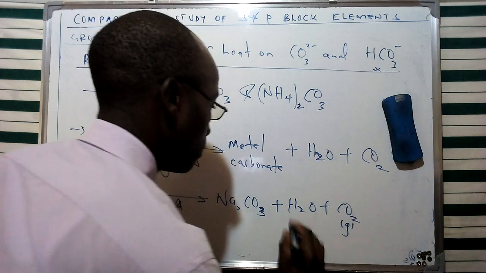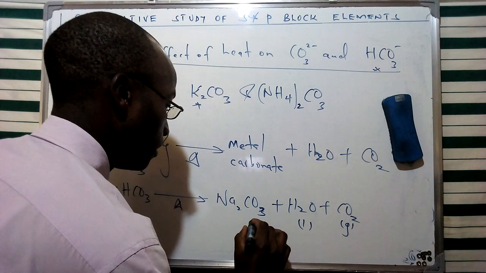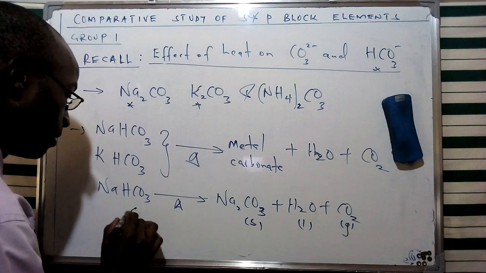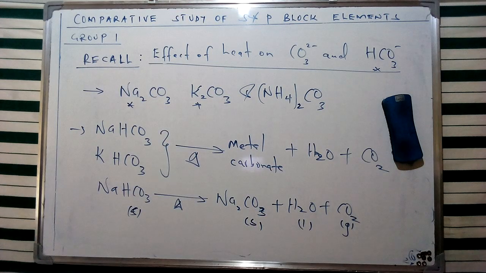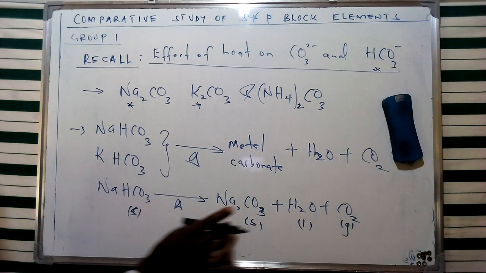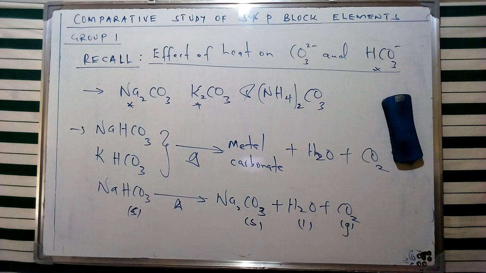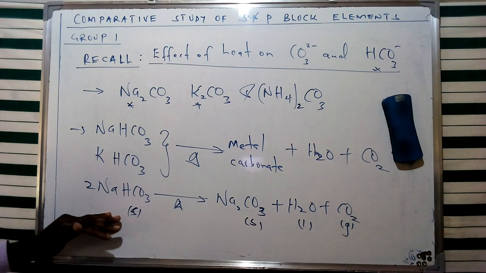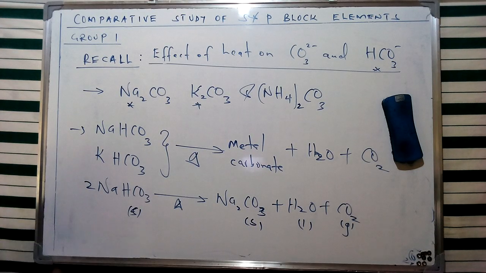Of course, it's essential for us to write the specific states. So we're going to have sodium hydrogen carbonate being decomposed to produce this specific product. In this case, we can have a stoichiometric reaction. Let me check whether the reactions are correct.